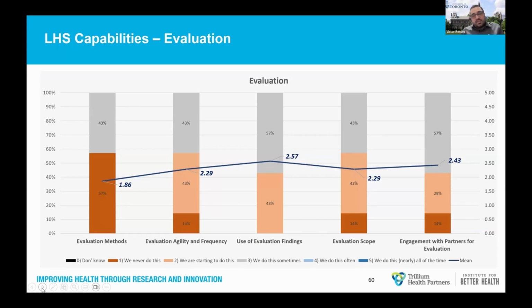I want to reiterate that this is meant to illustrate how these findings could be presented, right, with this tool that we are iterating and developing. So this provides you with an illustration for how we could do this for EuroHT if we were to use this tool and assess capabilities against the framework.